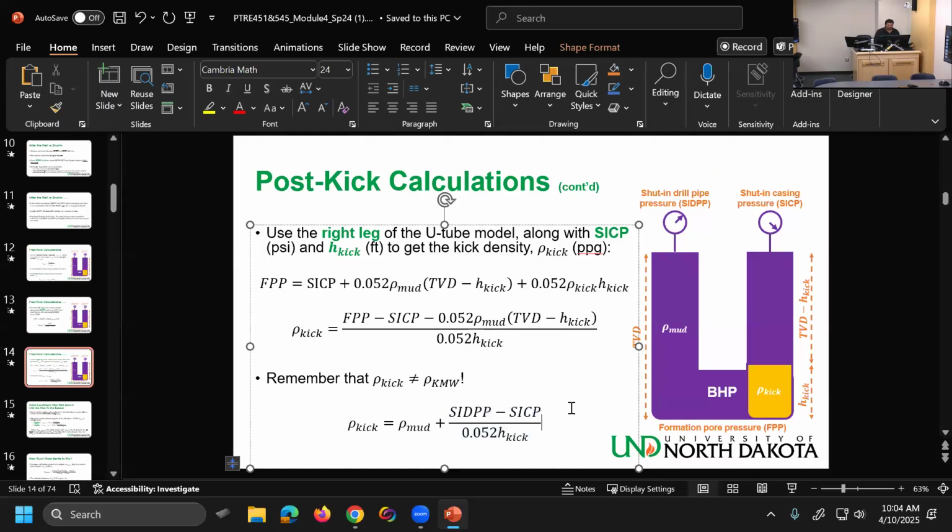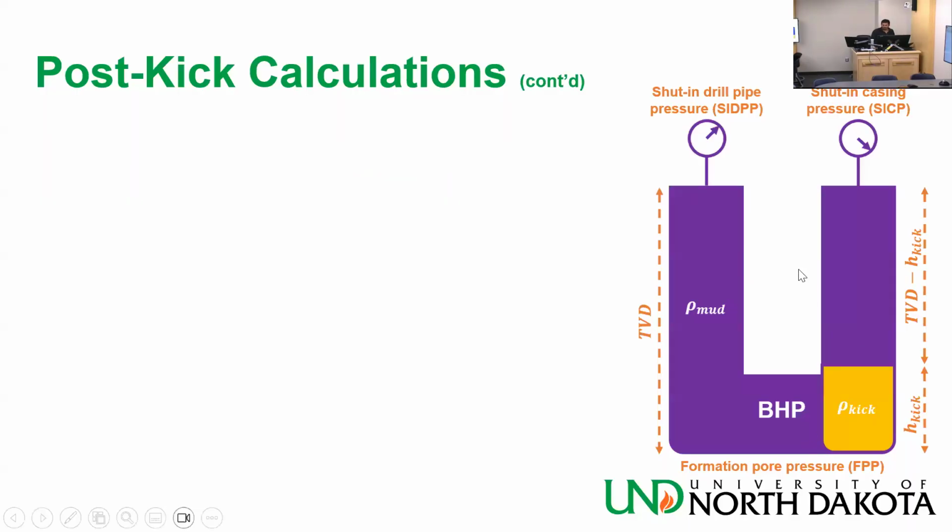The fraction becomes 0, so this becomes equal to this, but this is not the case. It's because I guess he didn't let a lot of kick get into the hole, or you have a very small kick volume.